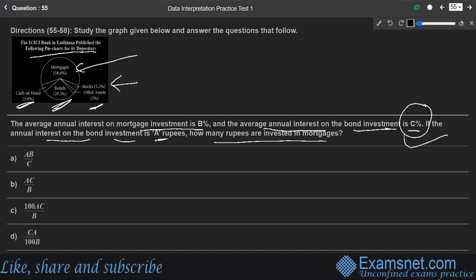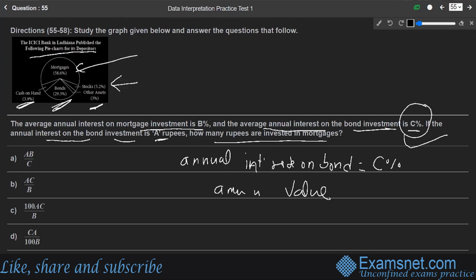First of all, the annual interest rate on bond investment is given as C%, and the annual interest value on the bond is A rupees itself. How can we calculate the interest?